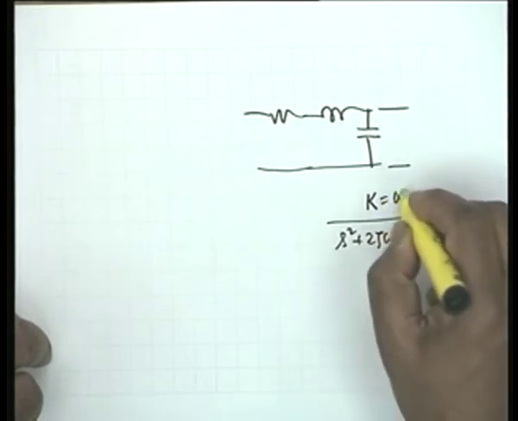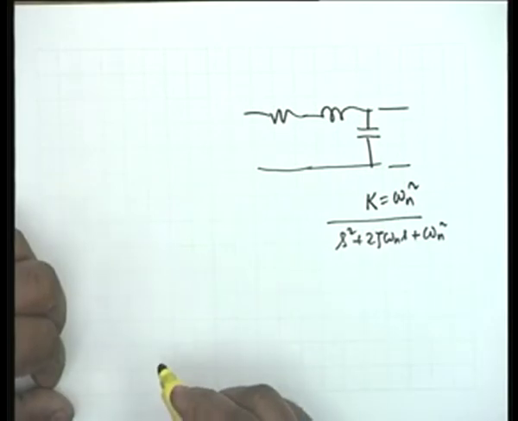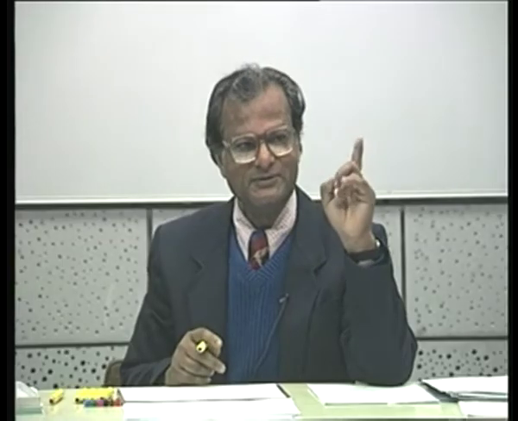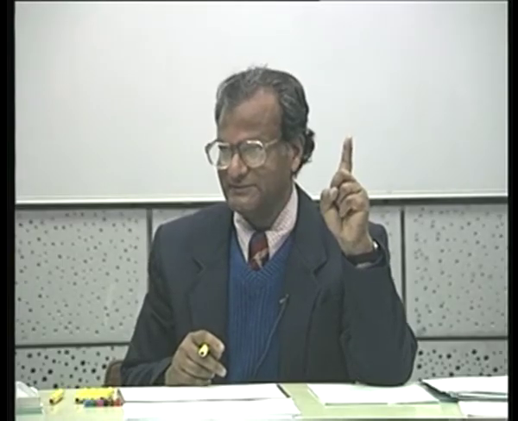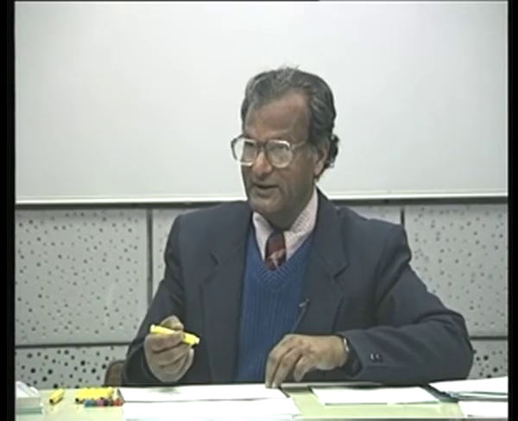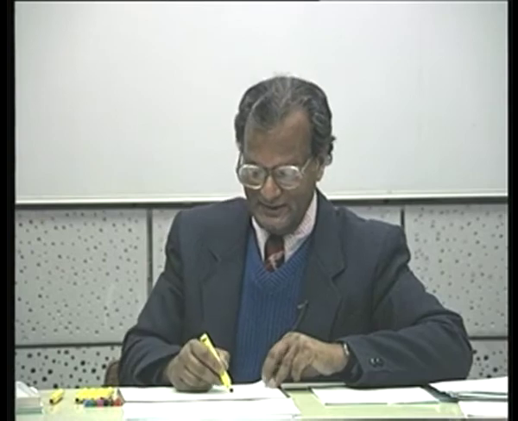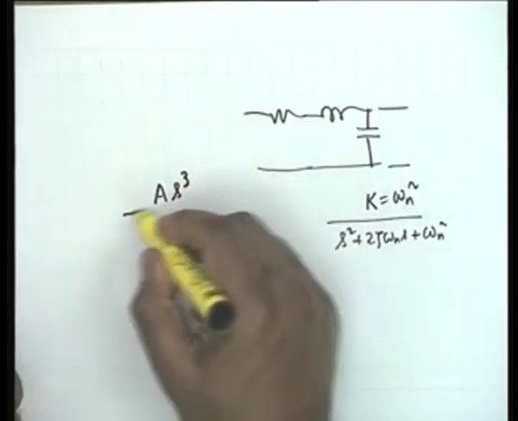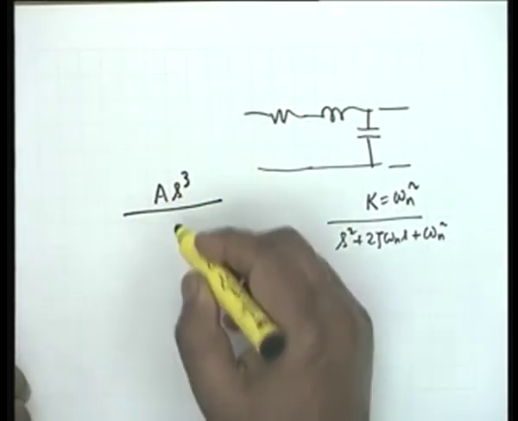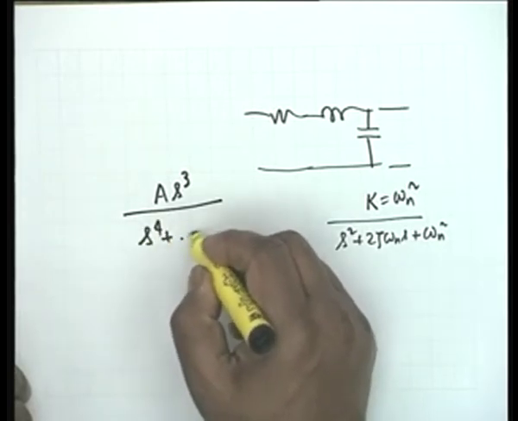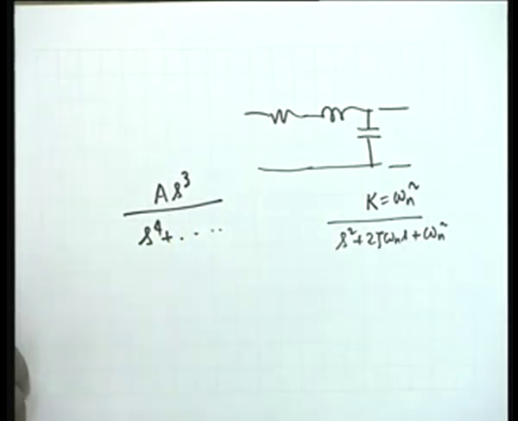K was equal to omega n squared, and therefore the DC response was equal to unity. On the other hand, here we are taking the output across the resistance, and the transfer function is of the form s cubed divided by a fourth order polynomial, and therefore the DC response is 0.